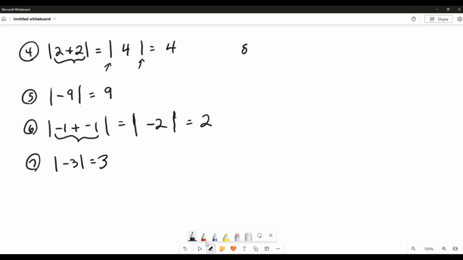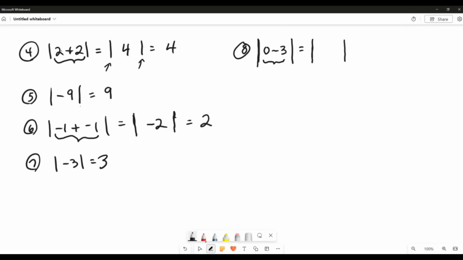But now let's look and see what happens with number 8. On number 8, we have the absolute value of 0 minus 3. We have to do what's inside the absolute value bars first. So I need to evaluate and come up with an answer for 0 minus 3.